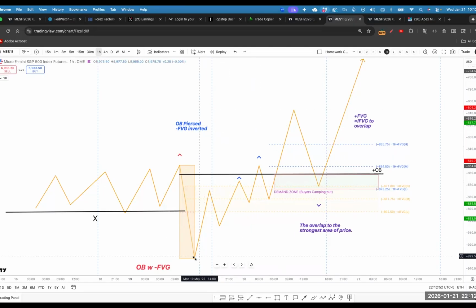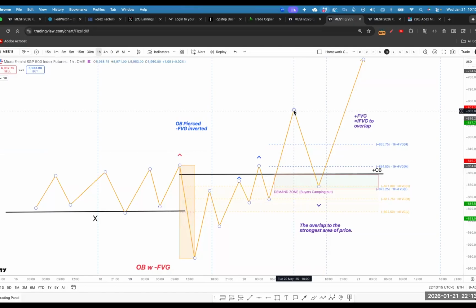So the low that we made right here, we know that we're in a shift in direction, because once we started getting above this fair value gap down here, that got inverted, and we get above the order block, which is up here, and we make a new high.